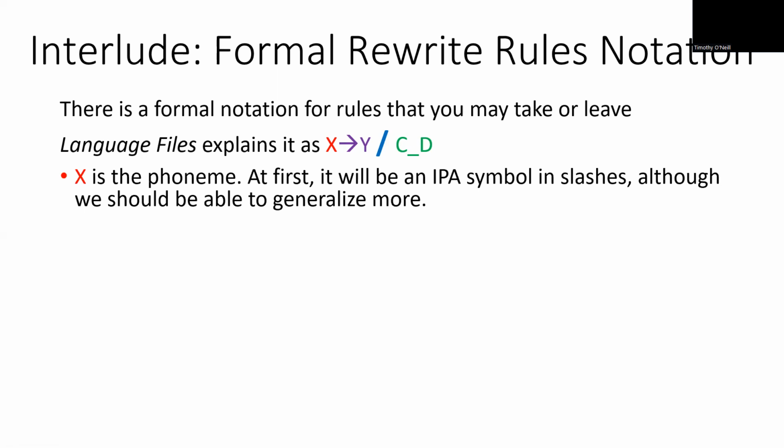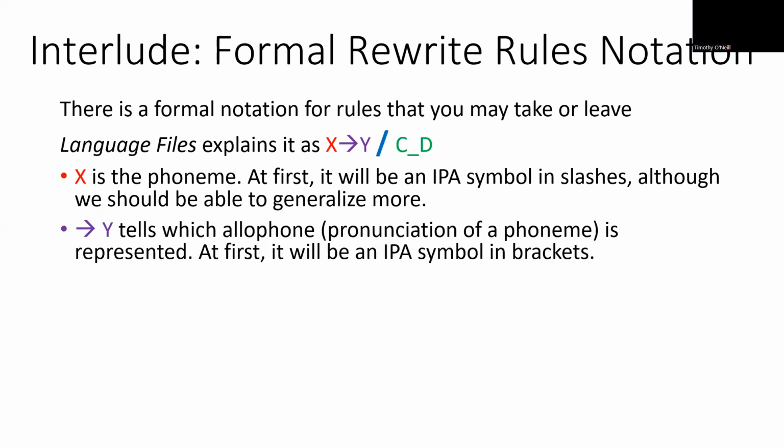So we need to say which phoneme we're talking about. When we first start doing rules, we're just going to write the IPA symbol, but it's going to be in slashes to say that's a phoneme. And later we'll be able to generalize more. If you decide to continue with phonology, this will be a continuing quest of making the most general rules possible that accurately describe a language.